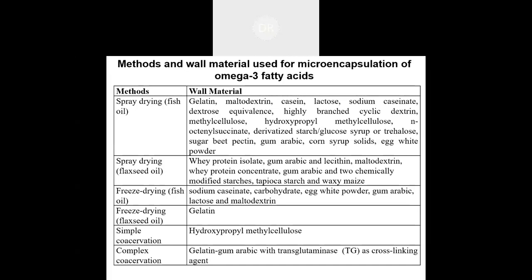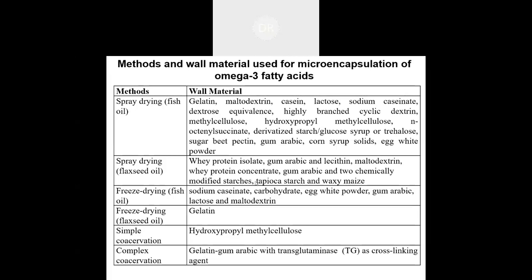Another method is simple coacervation, where hydroxymethyl cellulose can be used as a wall material. Then complex coacervation, where a gelatin and gum arabic combination can be used as a wall material.